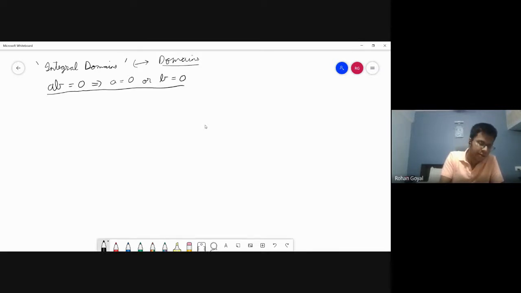Now coming back to our idea of how we were building things from Z, and how we expect them to behave in a general ring, how we should define that. In Z, we have something called primes, right? We define things called primes.